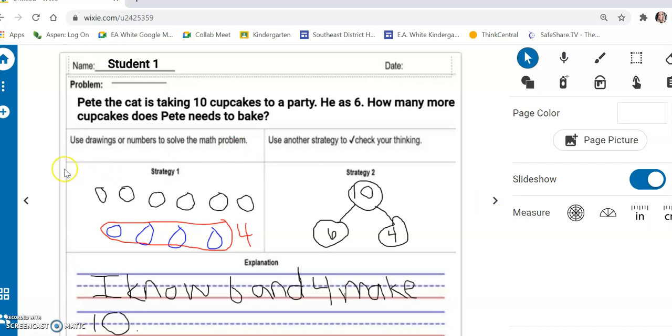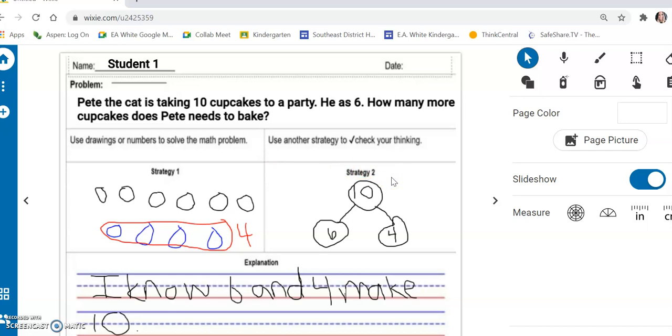This student drew a math picture under Strategy 1 to solve the problem. They drew 6 and continued drawing circles until they reached 10. They circled the 4 extra cupcakes that they need.